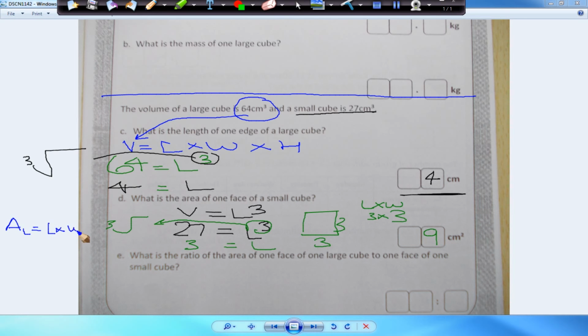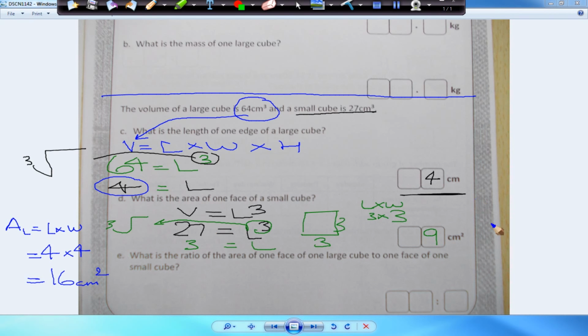What was the length of the large cube? The length of the large cube is 4. So we have 4 times by 4. So the area of the large one is equal to 16 centimeters squared.